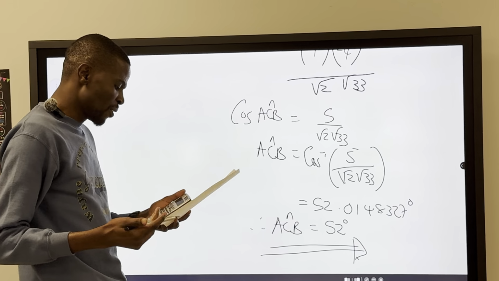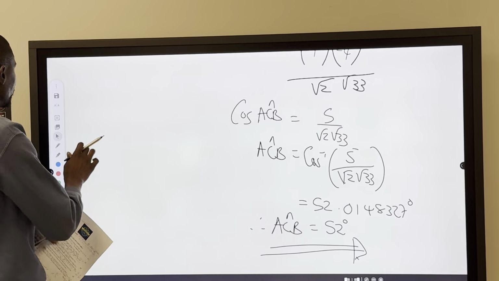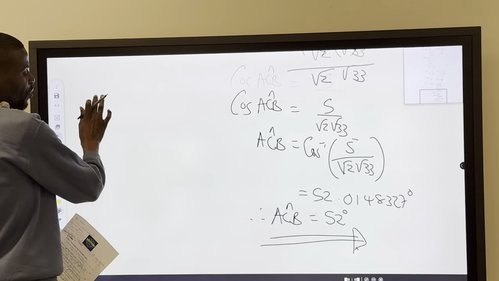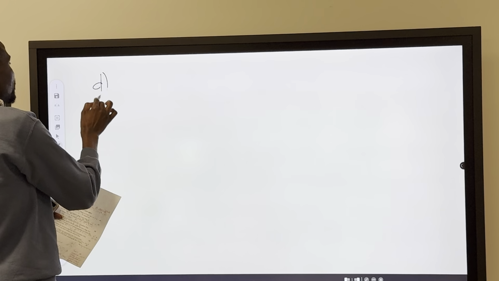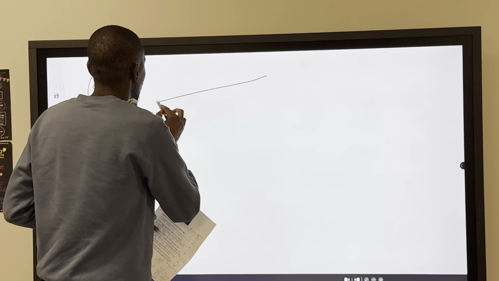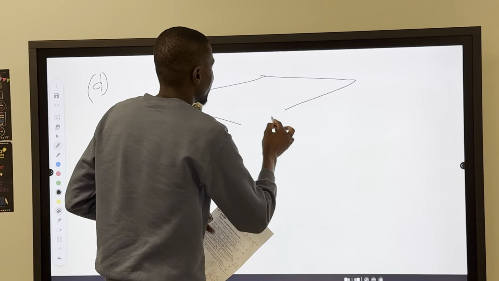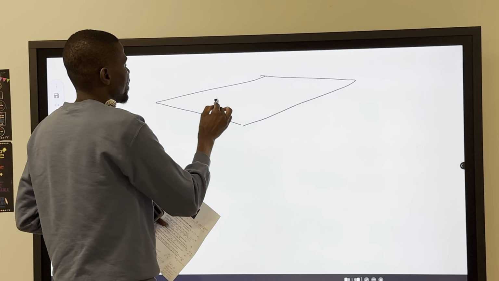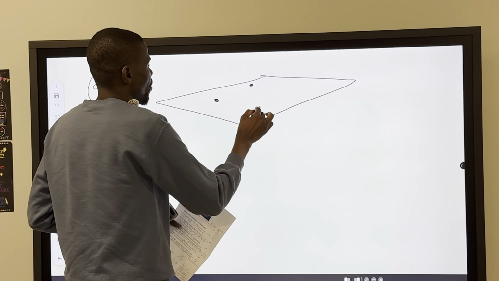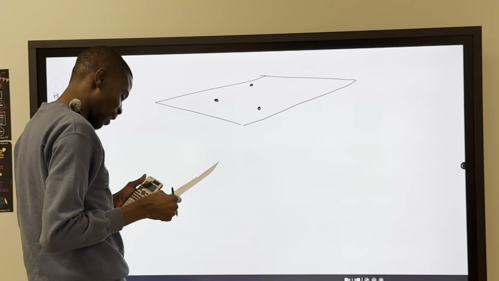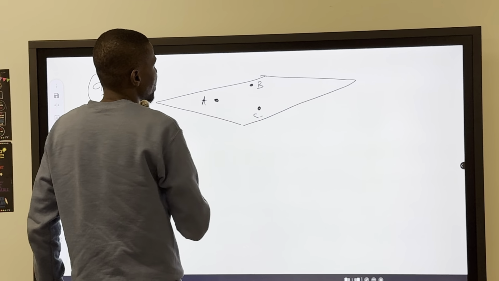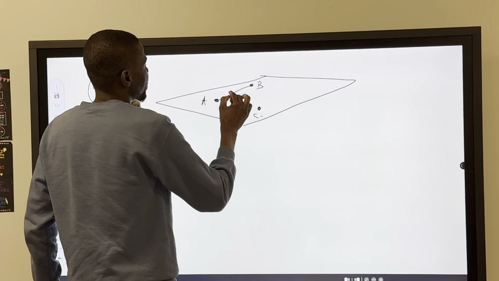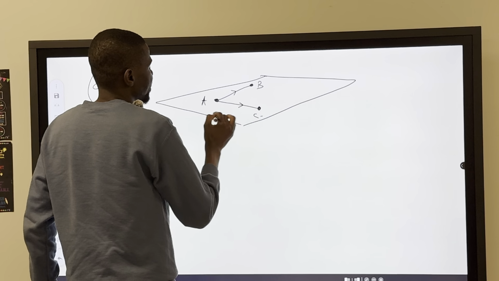All right, so now we are moving on to the last part. This is what I was talking about earlier on. This is item D. So we have our plane here, and then we have 3 non-collinear points: B, A, and C. We are going to calculate vector AB and vector AC.